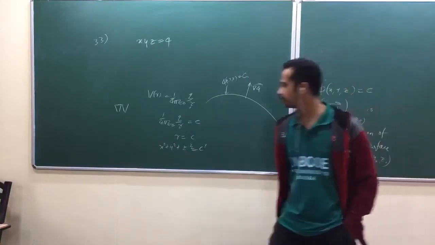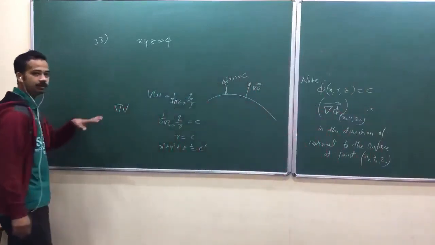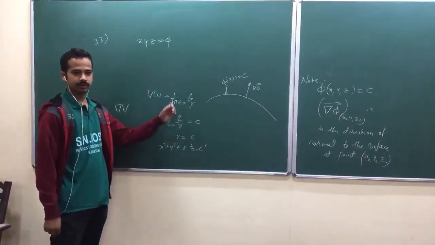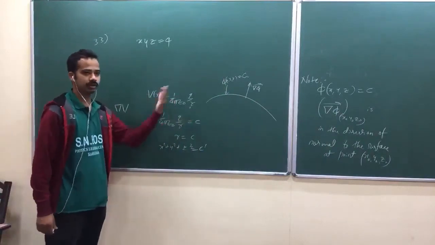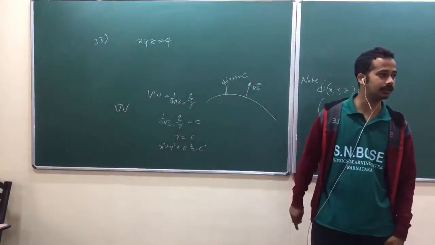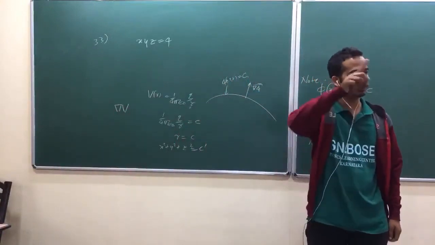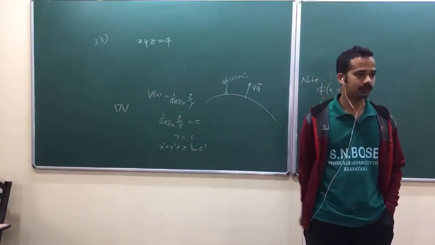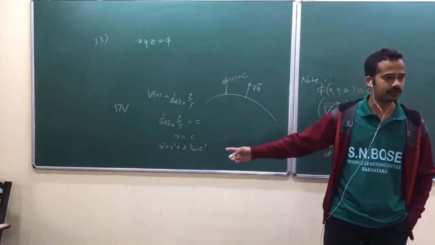We haven't thought of our electrostatics in this manner usually. This is equal to a constant, that is the equation of a surface. If you take the gradient, you will get the electric field, so that is normal at each point, along the r cap direction. Okay, can you just imagine that one?